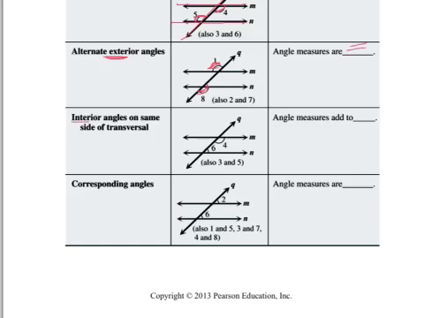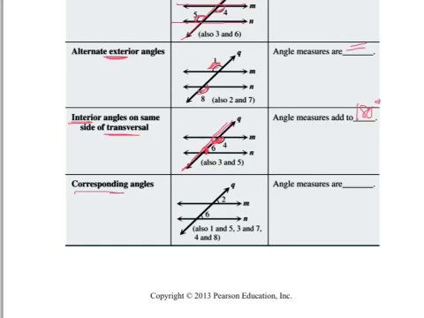Here we have interior angles on the same side of the transversal. So this again right here is our transversal line, and we have our 2 angles here. As you can tell, those are not equal angles. Here we have an acute angle for angle 6, and here we have an obtuse angle for angle 4. Well, because this is a transversal line, if you add angle 4 and angle 6 together, the angle measures will add up to be 180 degrees.